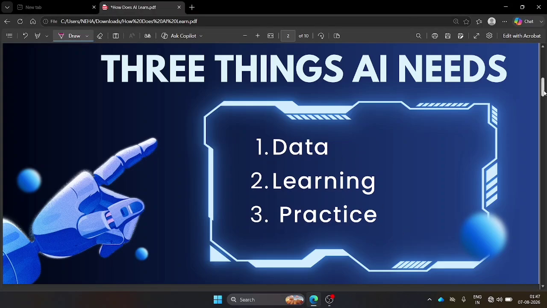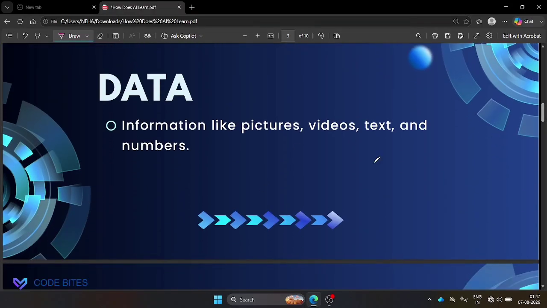Data means information. It can be pictures, videos, text, or numbers, right? If you give good quality data, it will provide you a good result.